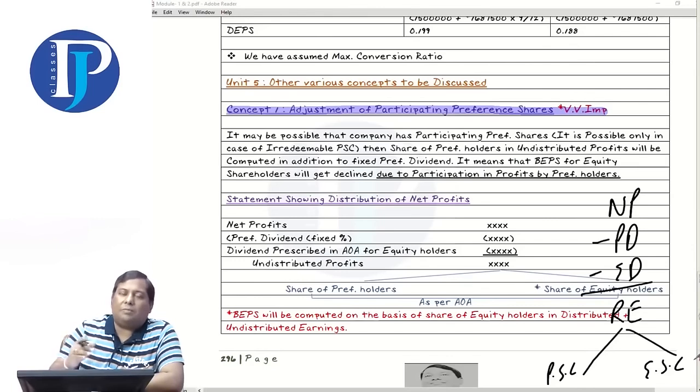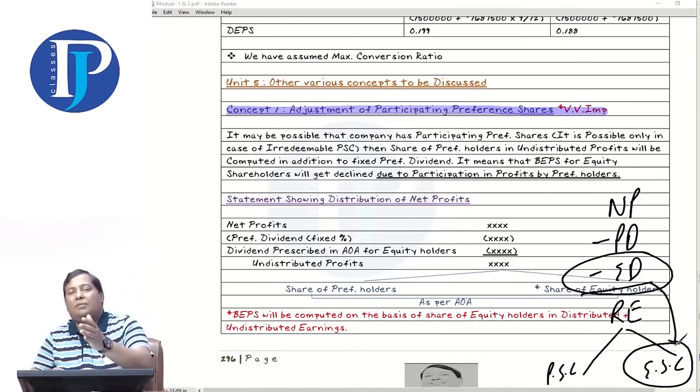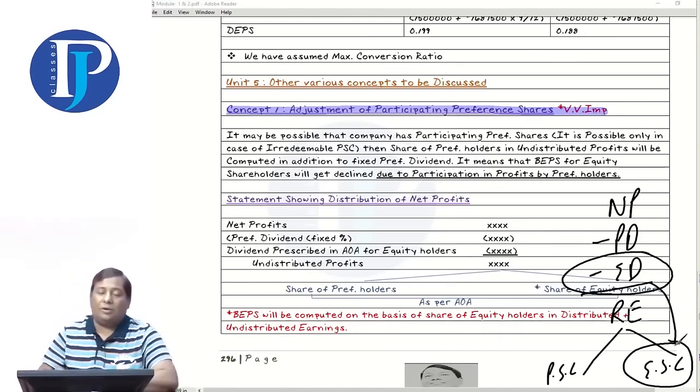So if a company has participating preference shares, when you calculate the EPS, you will need the equity shareholders' distributed profit and their undistributed profit. We need to club these two. So you have to remove the dividend of the participating preference share. You also have to remove the undistributed profit for the participating preference shares.